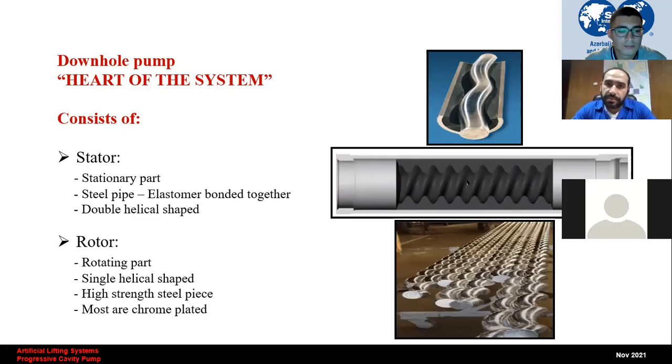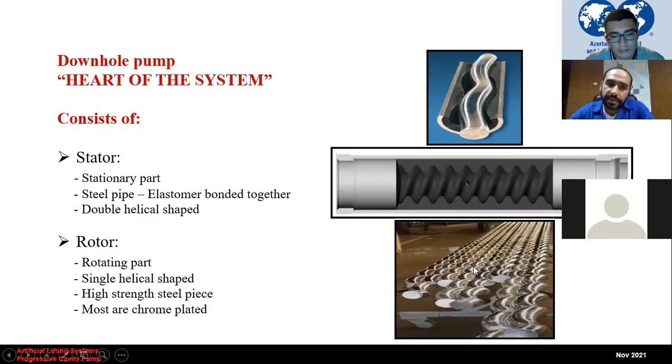Remember that PCPs always come as a pair of stator and rotor. We cannot exchange rotors between different pumps because the rotor and the stator are designed to match each other. The rotor is the rotating part. This one you see in the photo, this metal one.